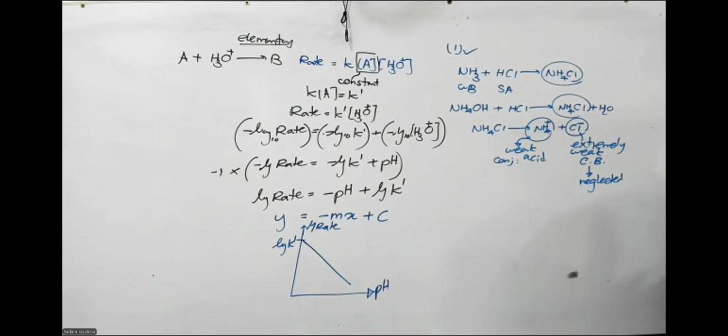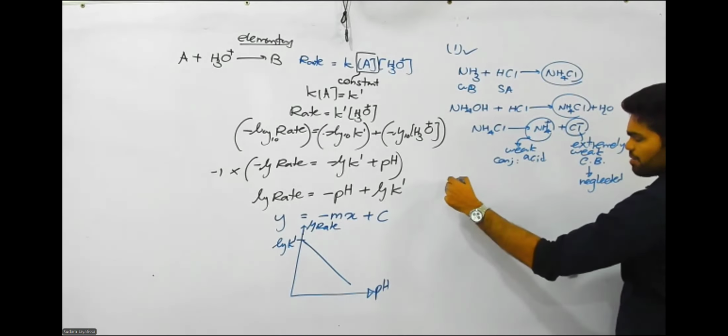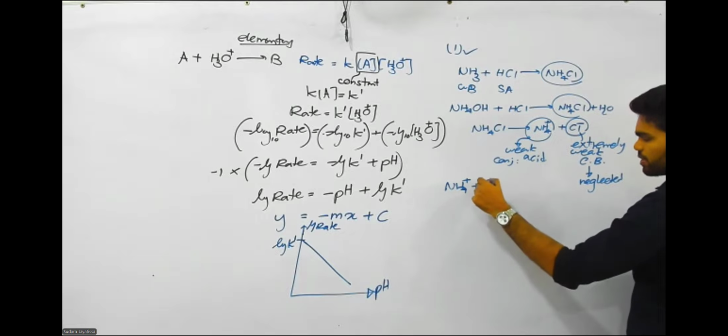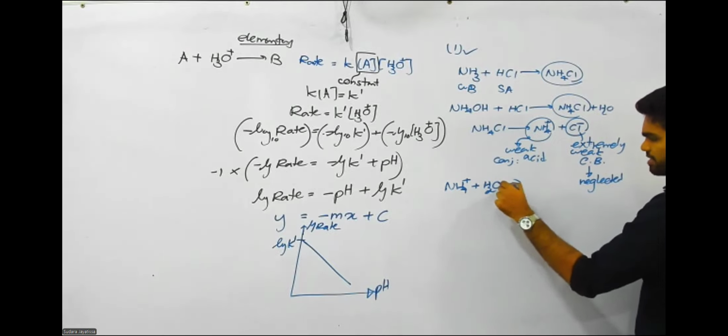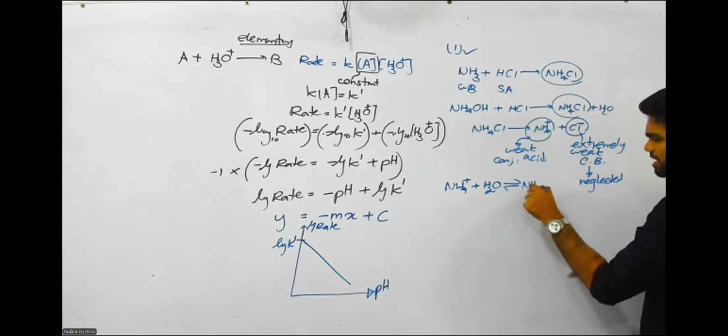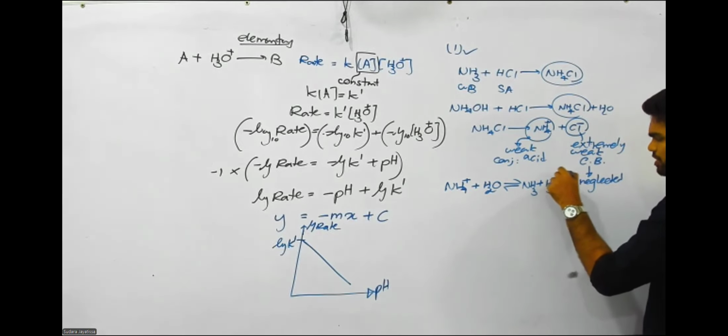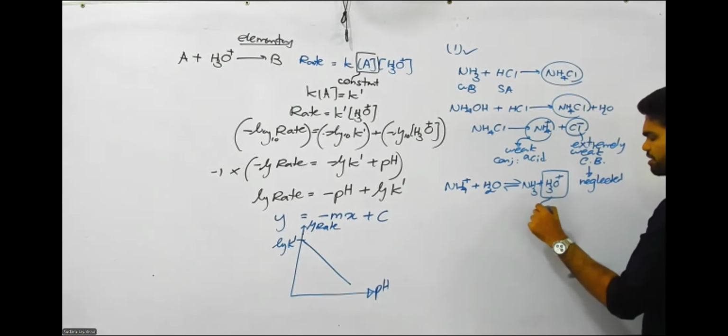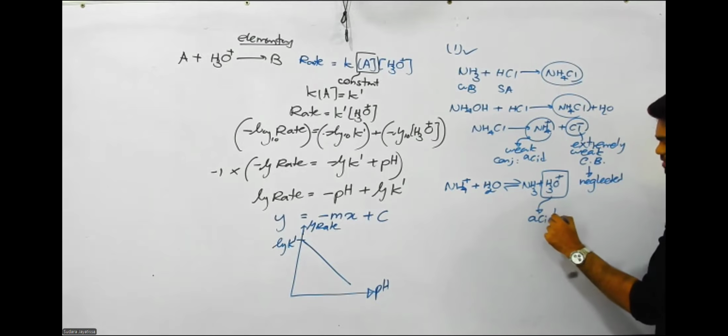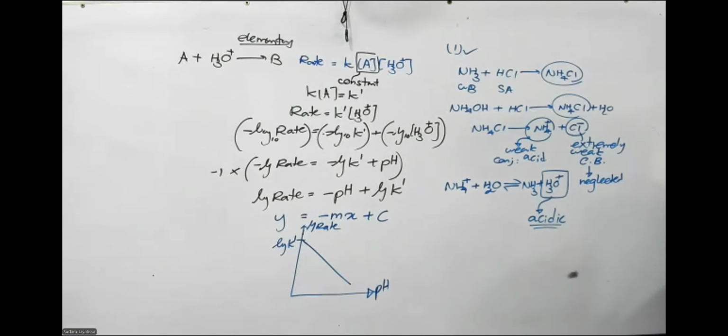You have to think about ammonium. Ammonium can undergo hydrolysis with water to form again ammonia and H3O plus. Because of this H3O plus, at the equivalence point, the solution will be acidic. Exactly. The solution will be acidic.